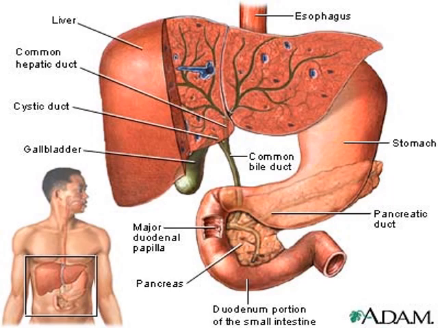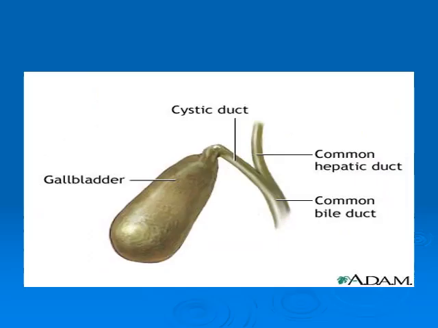The cystic duct takes bile to the gallbladder, and from the gallbladder to the common bile duct. The gallbladder is a piriform structure lying under the surface of the right lobe of the liver, and the gallbladder point corresponds exactly to the intersection of the mid-clavicular line with the right costal margin.